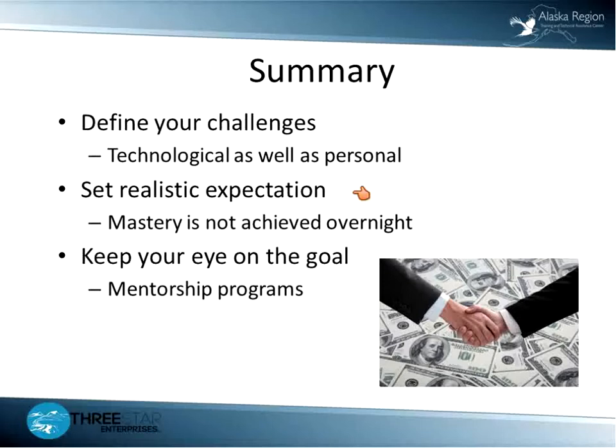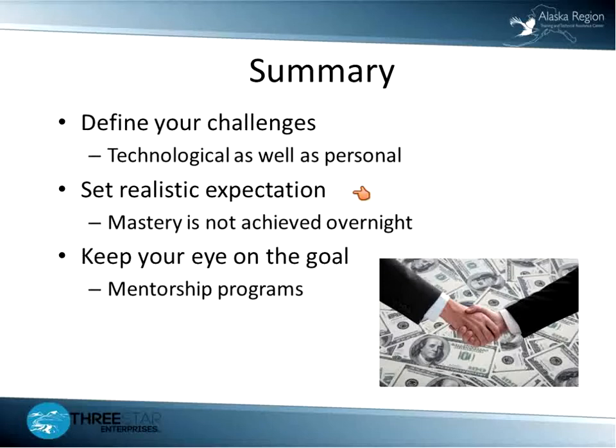Be realistic with your expectations. Mastery is not something that is achieved overnight. I really hate to say it, but it's an estimated 70% of businesses fail within the first 3 years. If you can make it past those first 3 years, chances are that you're going to have a successful business.